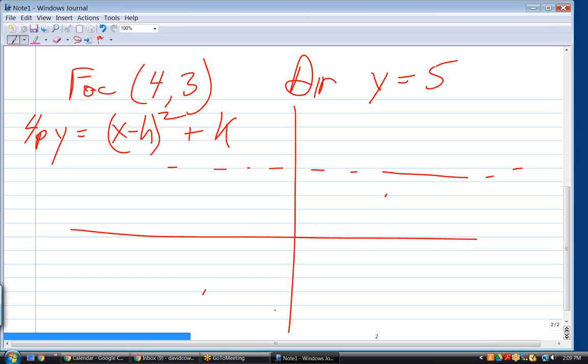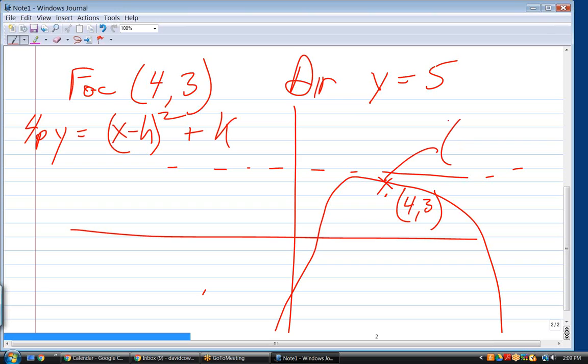The one thing we know is that the directrix is the same distance from the vertex as the focus is. So if the focus is at (4, 3), where is the vertex? Well, if the directrix is at y equals 5, the vertex has to be halfway between the focus and the directrix, so it must be at 4.5.